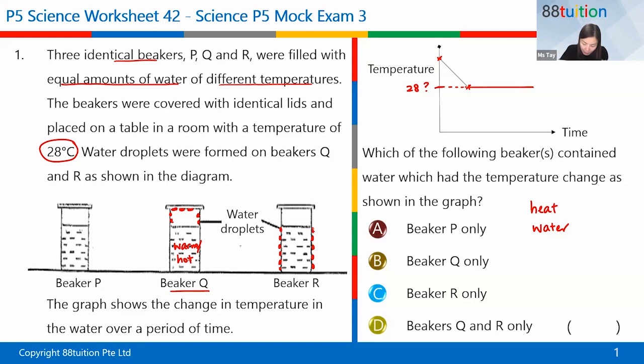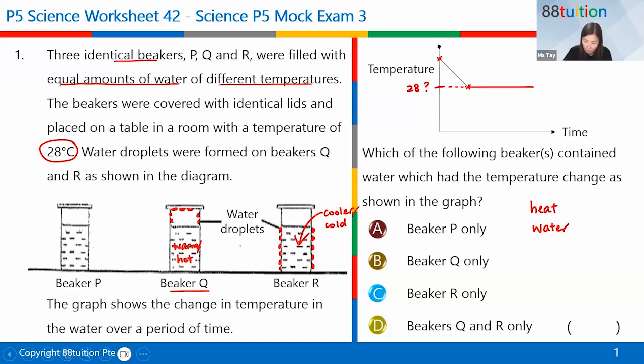Okay, so when you have water droplets forming outside, what can you say about the temperature of the water inside? What can you say? It is actually very much colder. Yes, very good. So this is a lot cooler, or you can say it's cold.